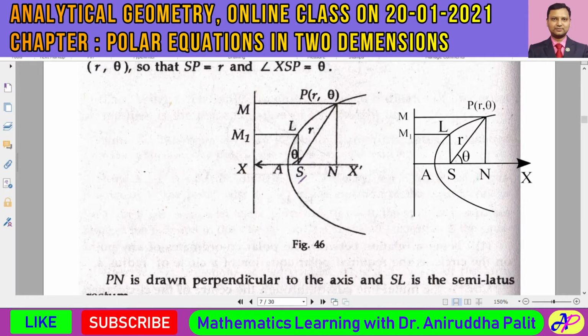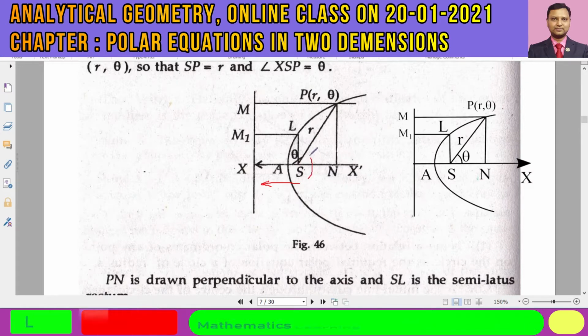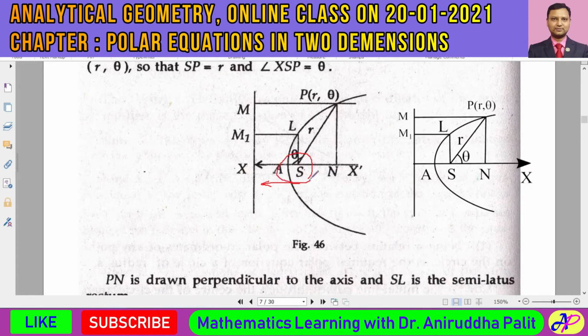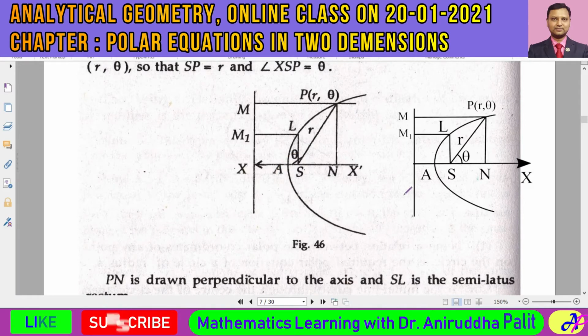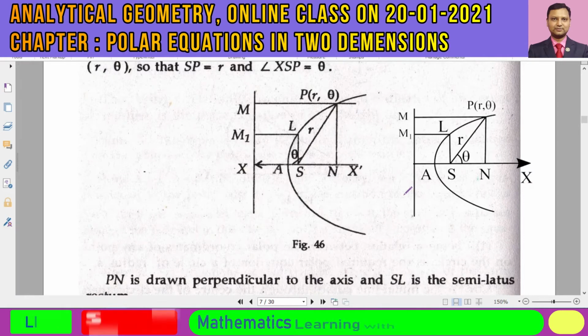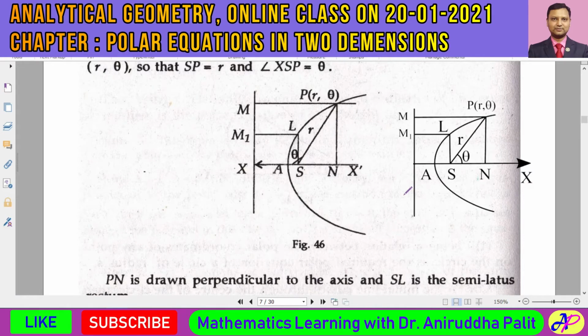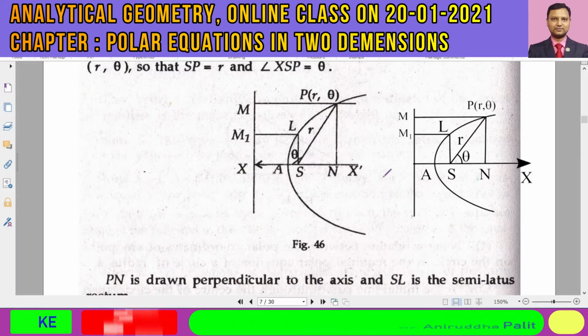And in this picture of the book, the direction of the initial axis and the direction of the directrix from this pole, or focus S, are the same. So this is the difference, and depending upon the choice of initial axis, we define the angle theta.